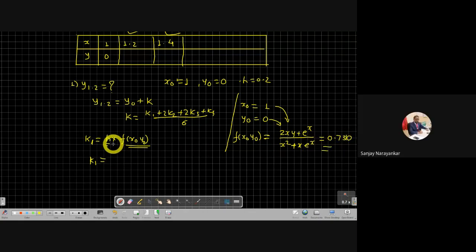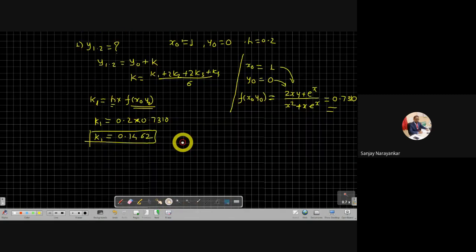So what I'll do, h value is 0.2 into 0.7310. Right? So you'll get the k1 value, 0.1462. So k1 we got.